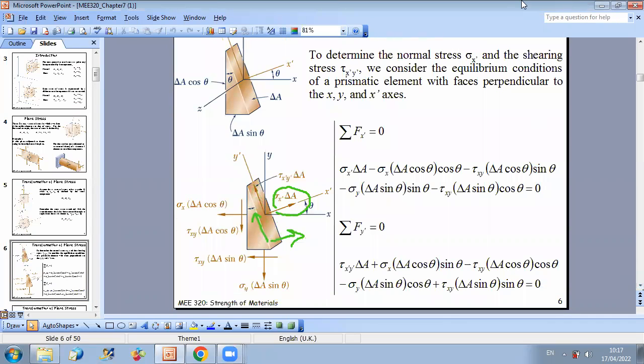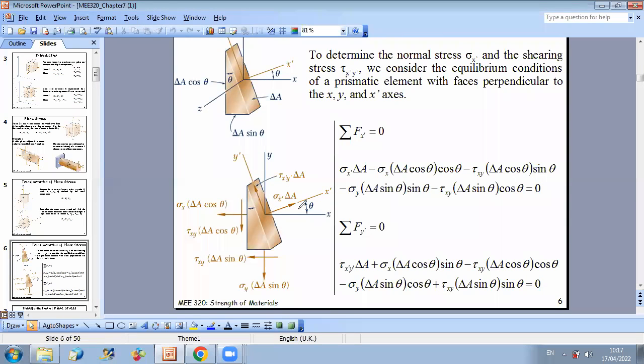We presented all forces acting on the element, and since we have equilibrium of the structure, then we have sum of Fx prime equals 0 and sum of Fy prime equals 0. So now what we have to do is to project forces along x prime and y prime. To start with, let us consider the sum of forces along x prime.